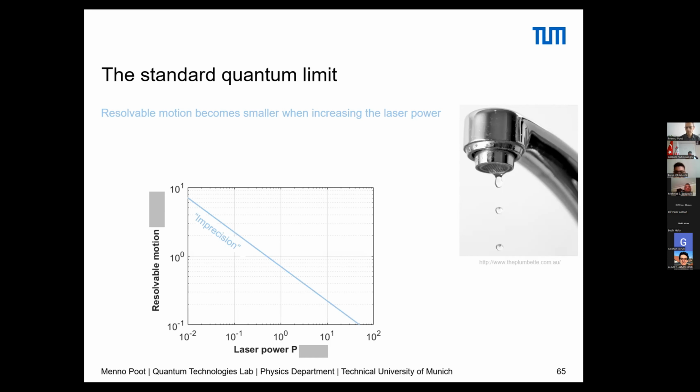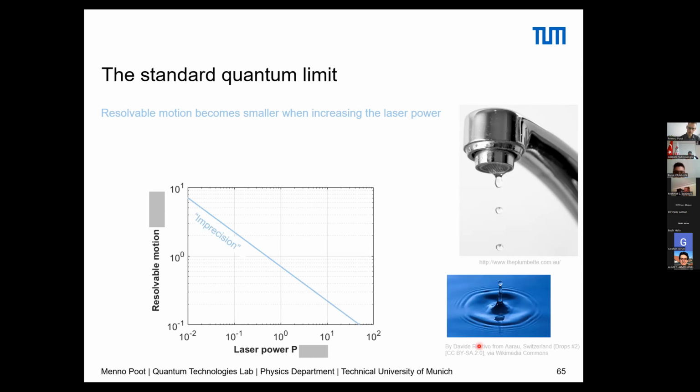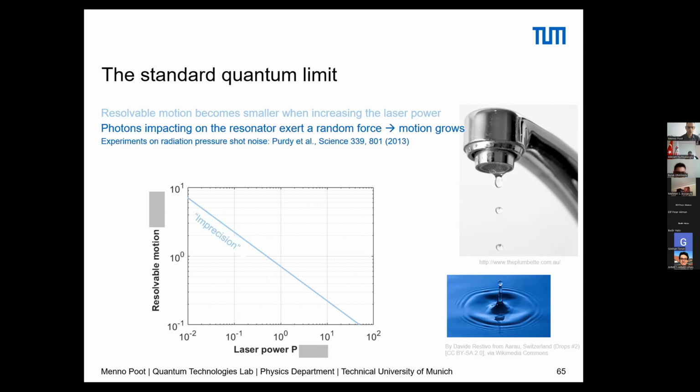And as you know from this analogy with droplets, when droplets fall into a bucket or a pond, they also impart these little disturbances over here. And also photons, as we saw, exert random forces when they impact on the resonator. That's what we saw in the exercise.